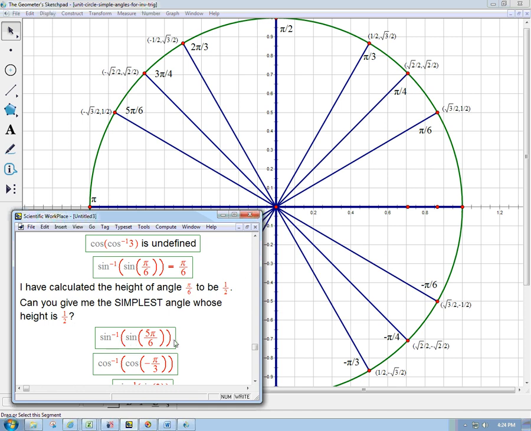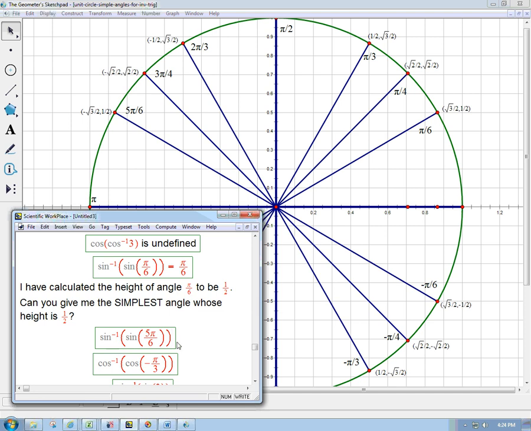But here, it would not be true that 5 pi over 6 would be right. Let's see. 5 pi over 6 is over here. Its sine is 1/2. And it's true that an angle that would give me that height is 5 pi over 6 itself. But it's not the simplest one, because over here is a simpler point with the same height. Okay. And so this is the simplest point with the same height.